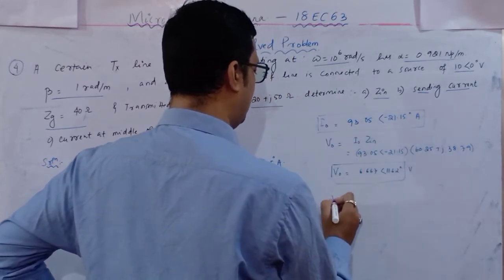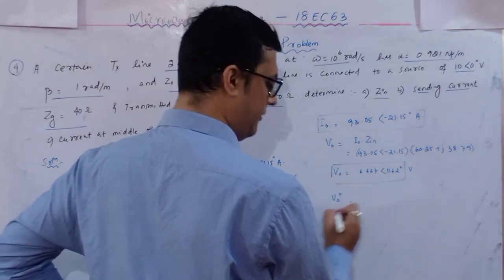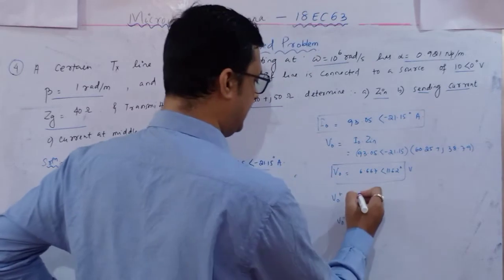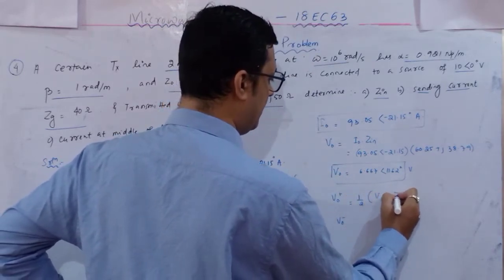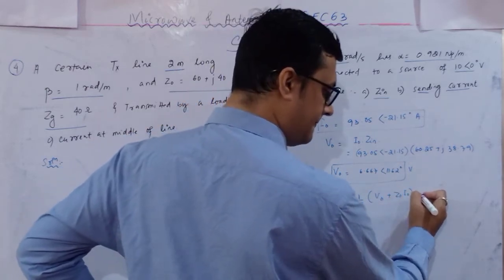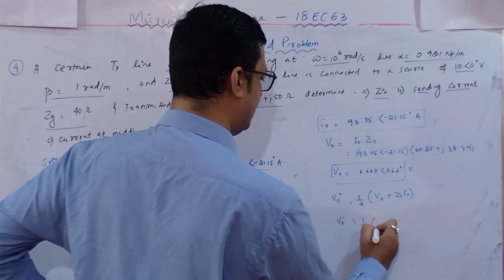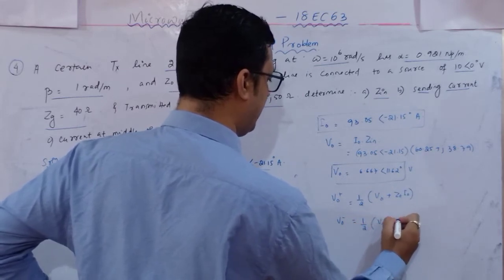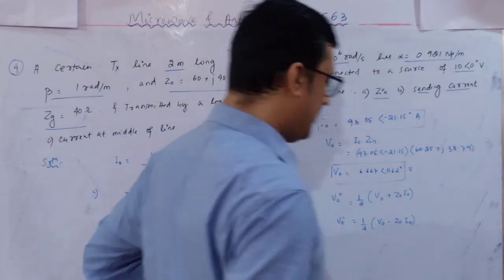So now V0+ and V0- we have to identify. So V0+ relation is how much? Half of V0 plus Z0 into I0, and V0- is half of V0 minus Z0 into I0.